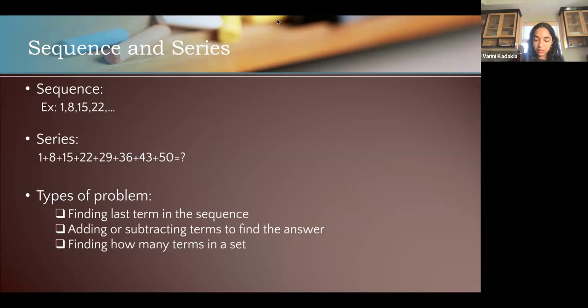The key difference between a sequence and a series is that a sequence does not have operations. What I mean by that is that a sequence only has commas. It's literally a list.